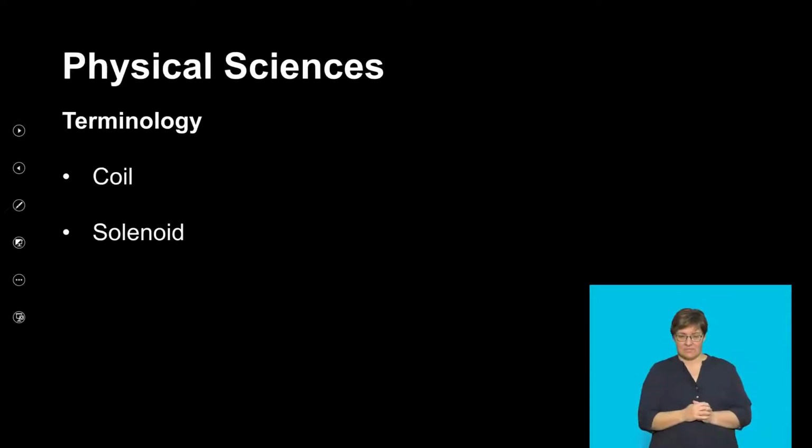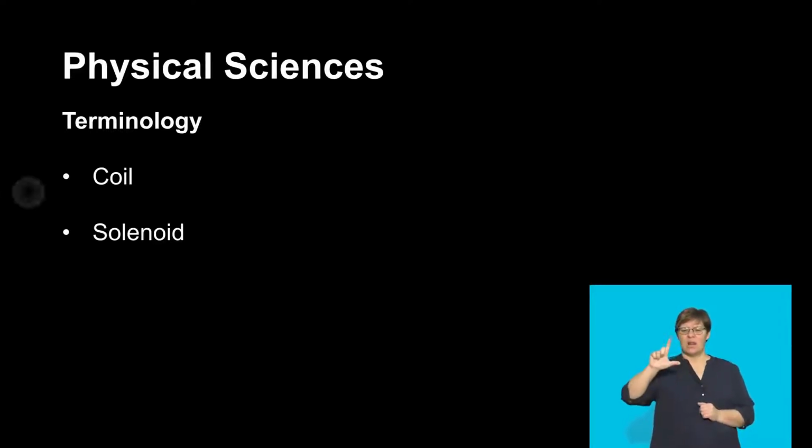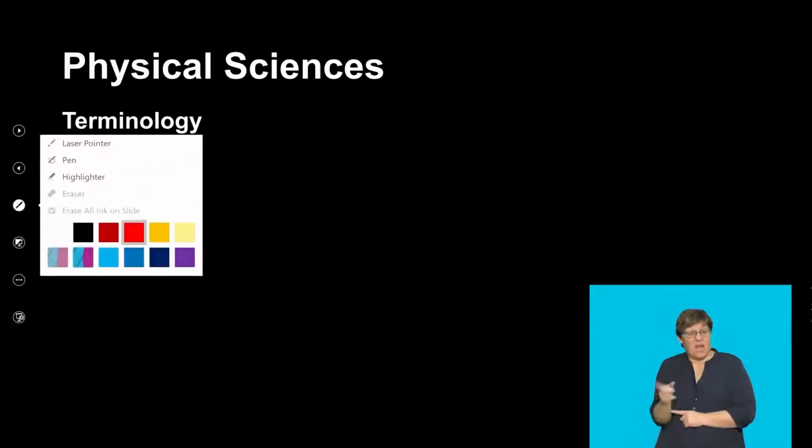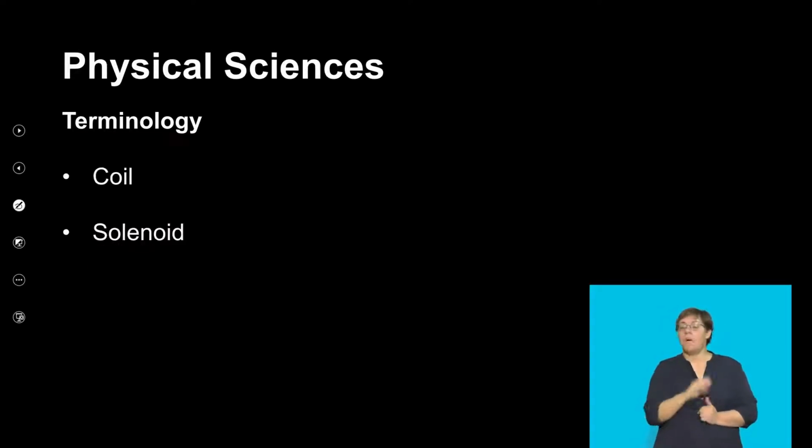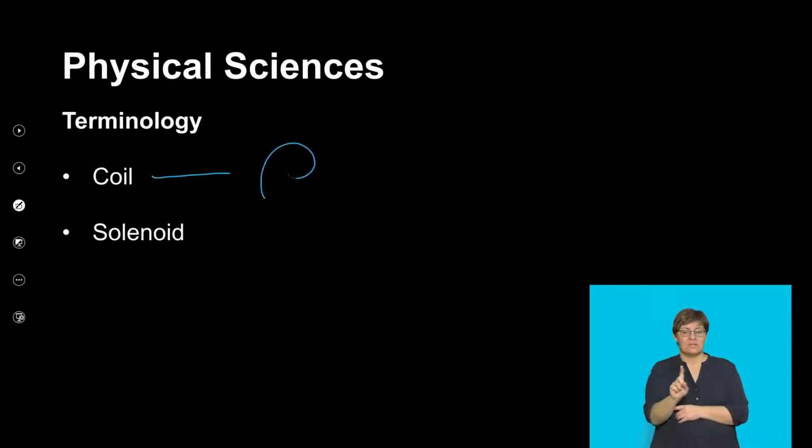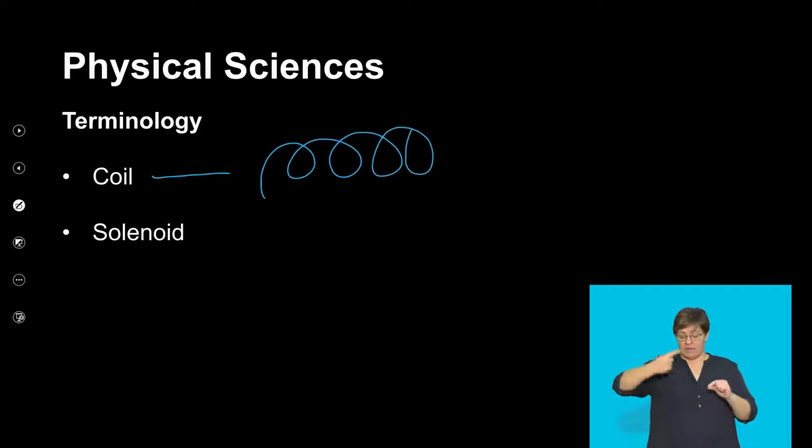So what is a coil, and what's this word solenoid? It's an interesting word. We just need to make sure that we understand that a coil just means that we've taken wire and wrapped it around something. A solenoid is exactly the same as a coil.